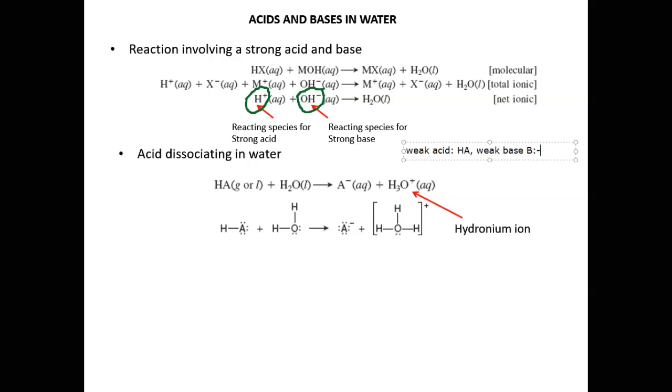For a strong base, the reacting species is OH-. And so when you take an acid and put it in water, what happens is the acid gives up its hydrogen to form the hydronium ion, and you form what's called its conjugate base.